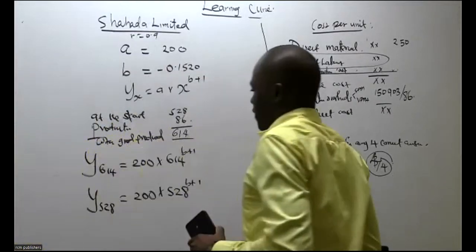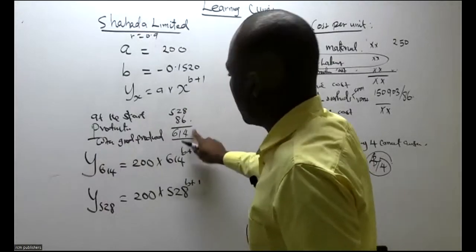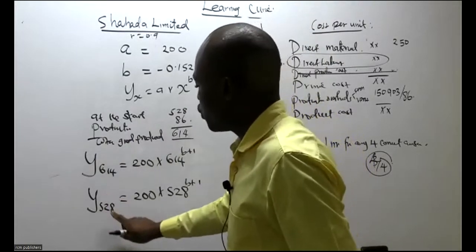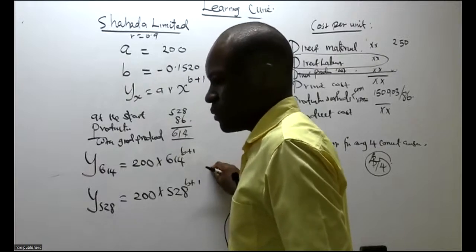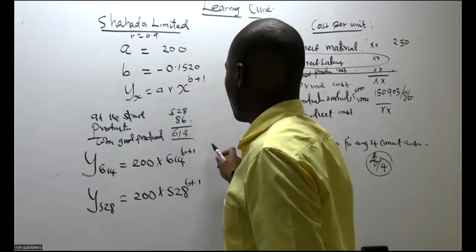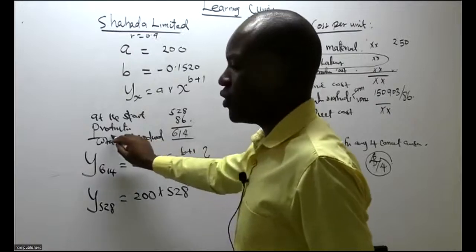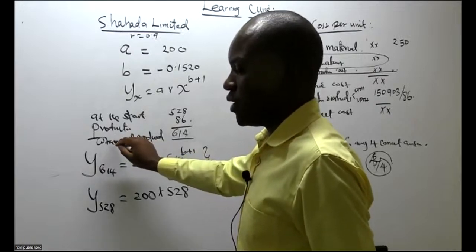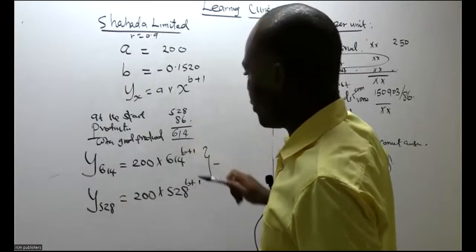If I get the time taken to produce the first 614, less time taken to produce the first 528, what will be that answer? It will be representing the difference between these two. The difference between the two will be the time taken to produce how many units?